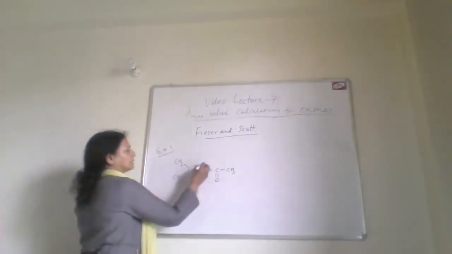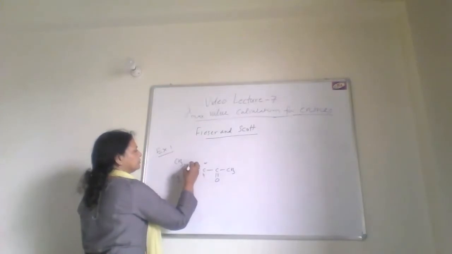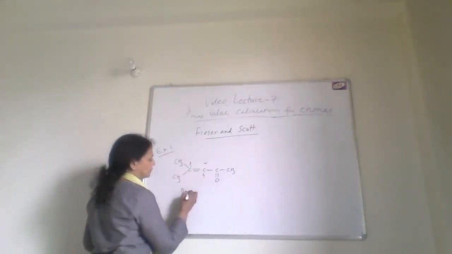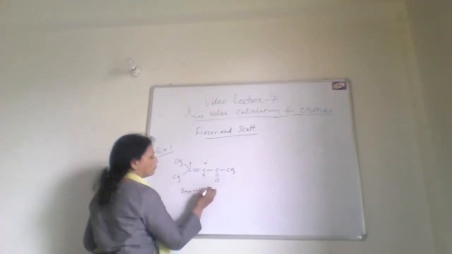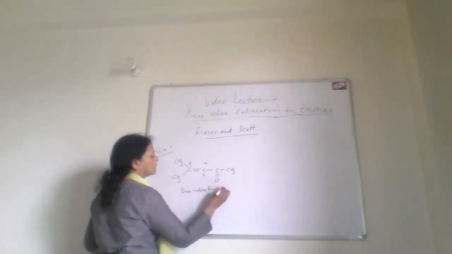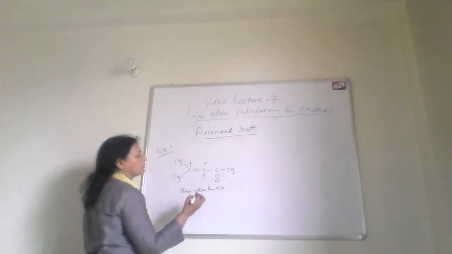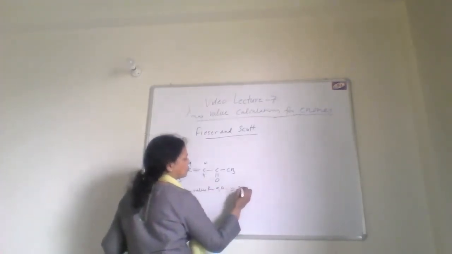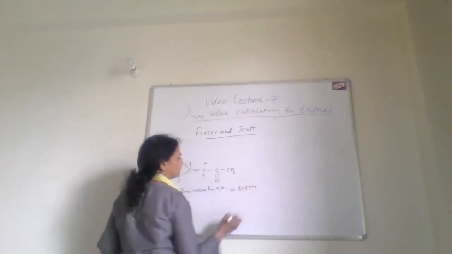Alpha, beta: this carbon is alpha and this is beta. So first, the base value for an alpha, beta unsaturated ketone. It is open chain, so its base value is 215 nanometers.